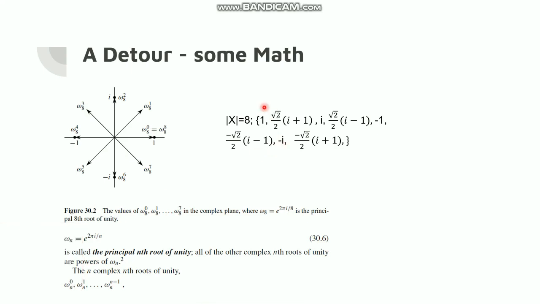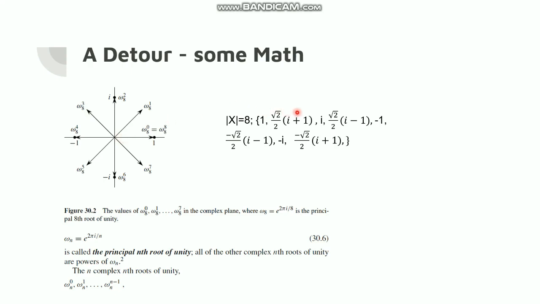To illustrate this, let's take for example the number 1. We have a value of 1 for our real part, and it sits on this line because its imaginary part is 0. The same goes for i: it has a value of 1 for the imaginary part and 0 for the real part.